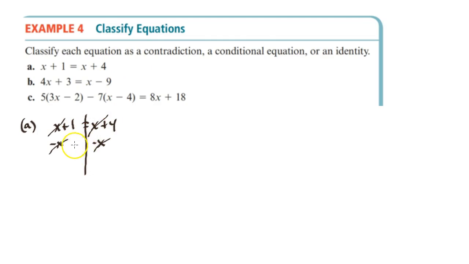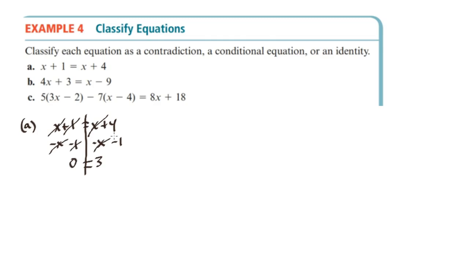And then we're going to subtract 1 from both sides of the equation to eliminate the constant on the left side of the equation. And we're left with 0 equals 3. 0 equals 3. And we'll notice that that's not true. 0 does not equal 3.